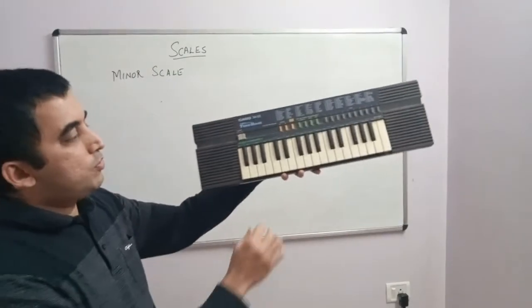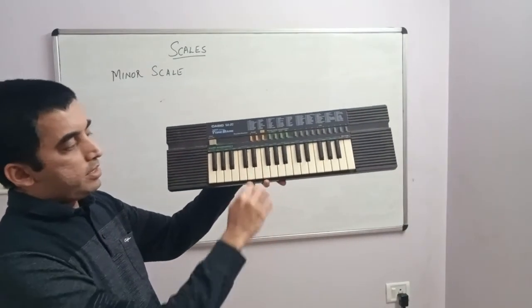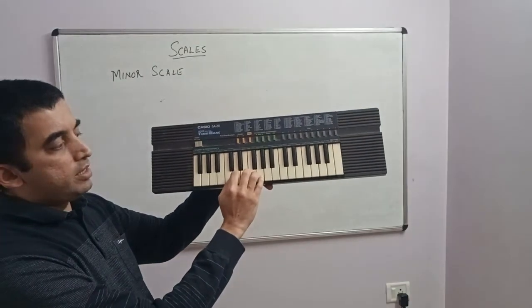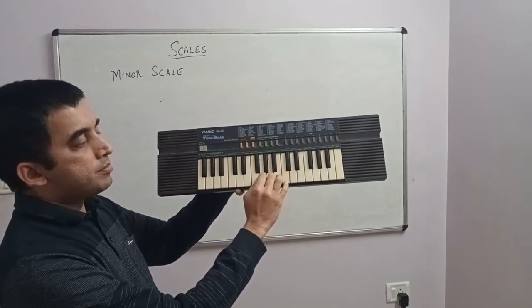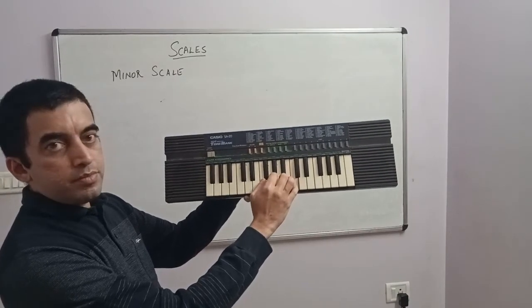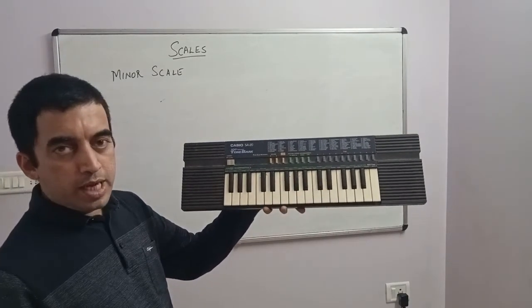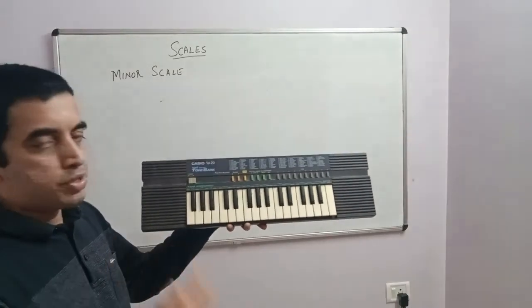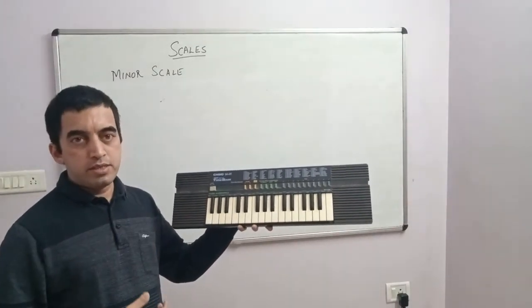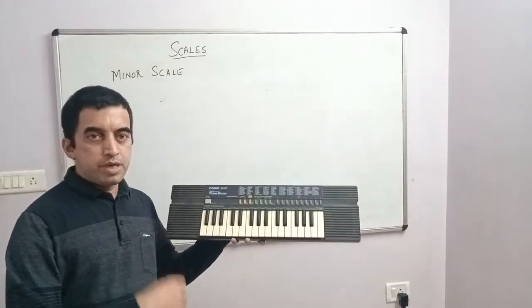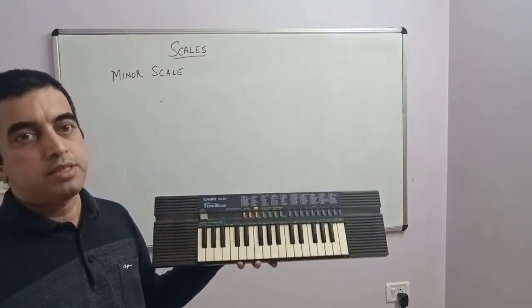Okay, so we started off with the major scale, that is C major scale, that is the natural scale. Why do we go time and again back to this scale? Because this is the most important scale, and from there on we have derived all the other scales, and also to derive the minor scale we need to know the major scales.